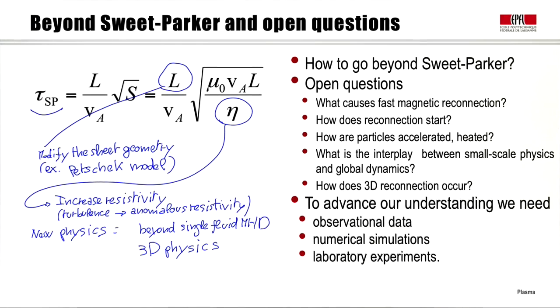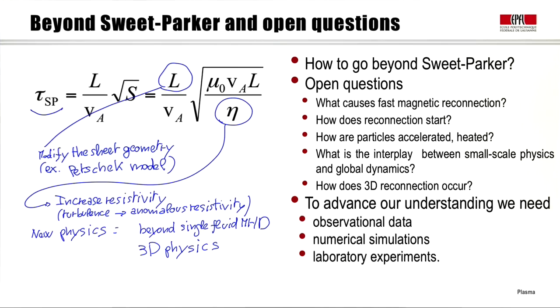However, a number of open questions remain for magnetic reconnection. Among the most important open questions are: what are the causes of the fast reconnection rate? How does reconnection start? And when it starts, how are particles accelerated and heated?